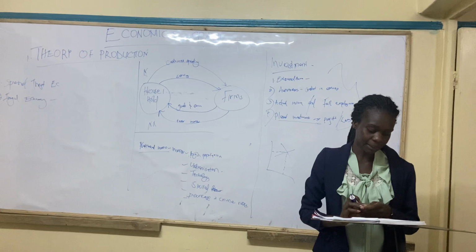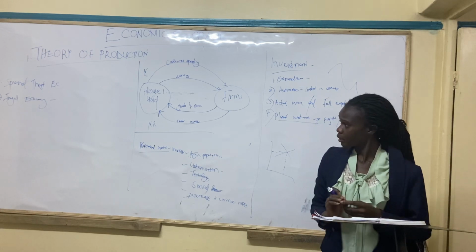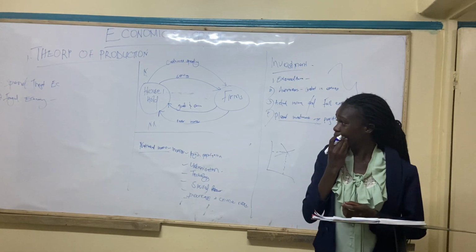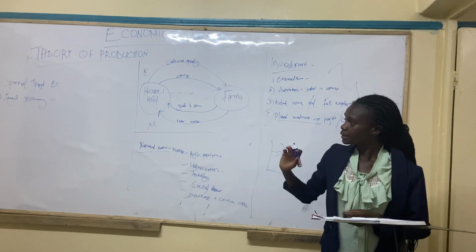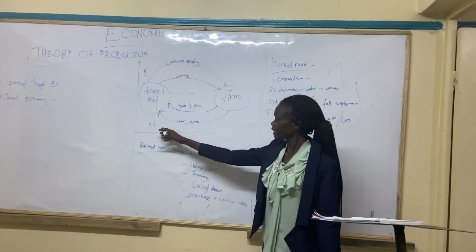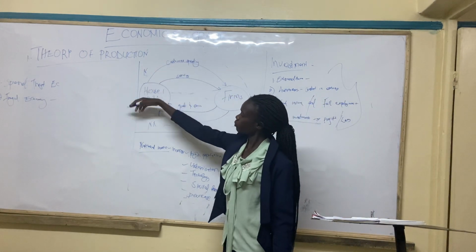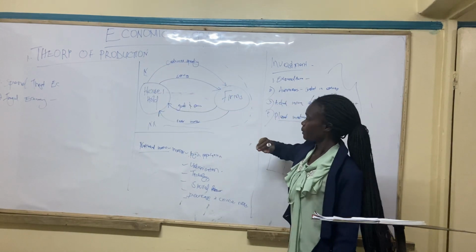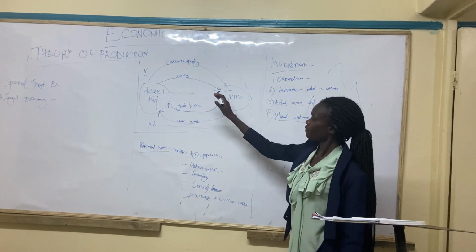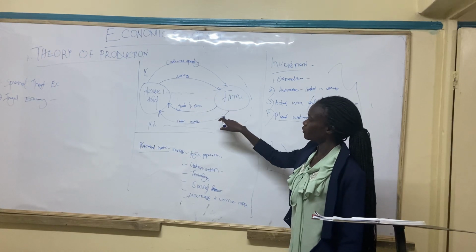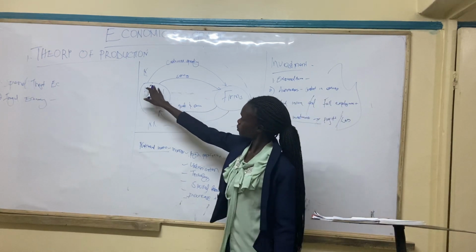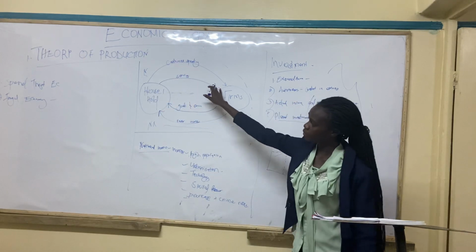So the first one is for spendthrift economy. It is assumed to be like this: a spend on households and farms and the output of the farm and the output of the households.